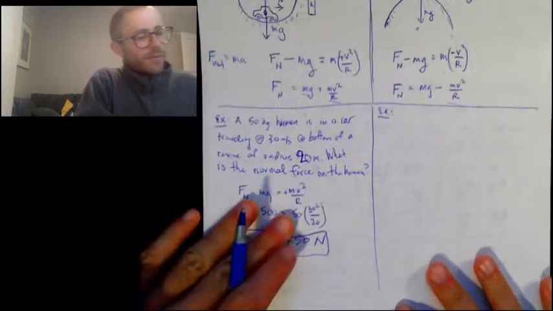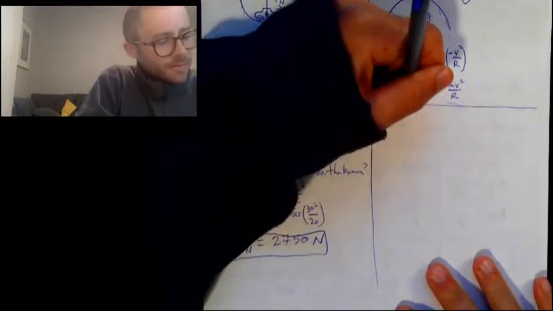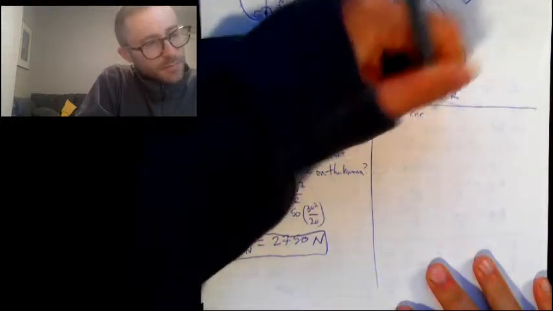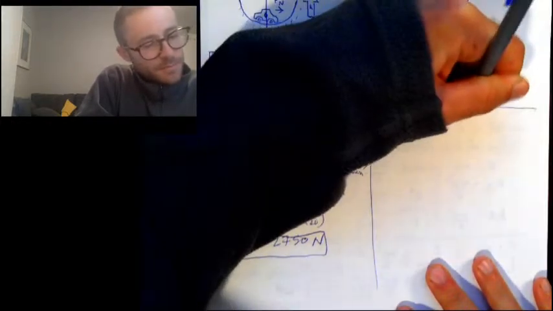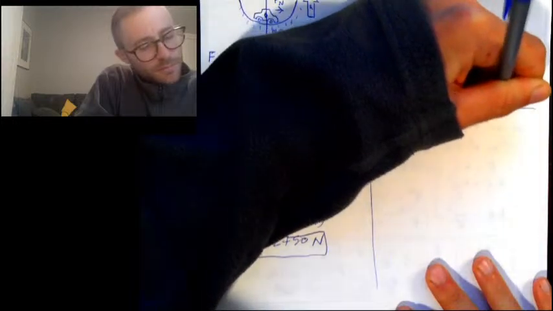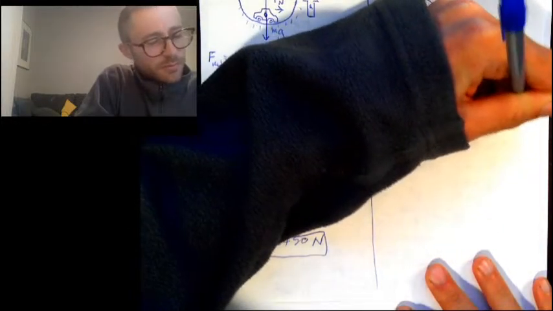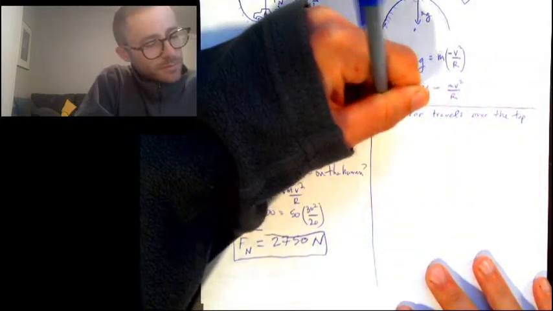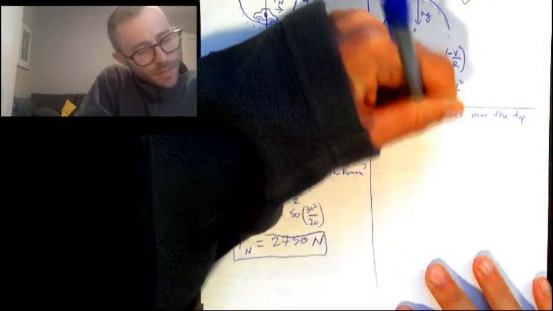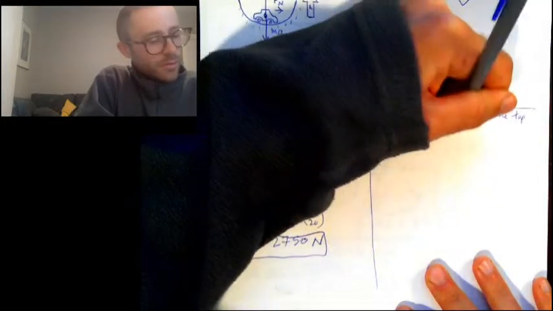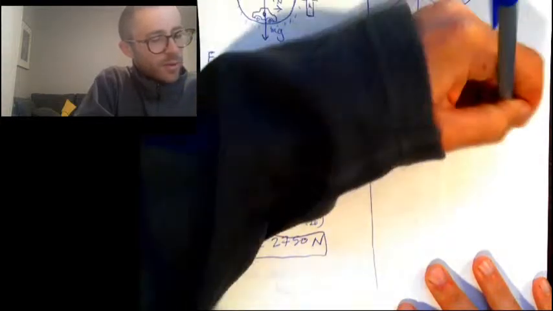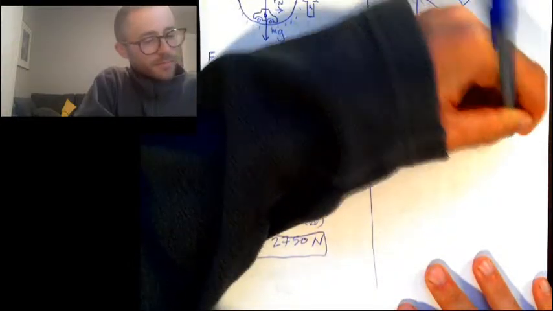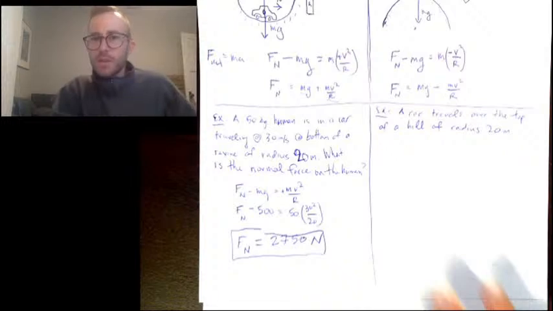What if we have a car that travels over the top of a hill of radius 20 meters?